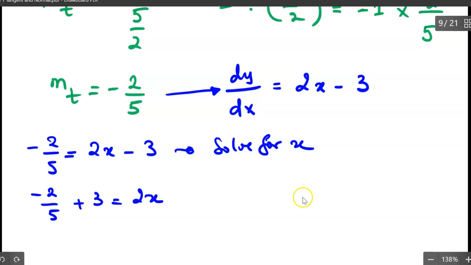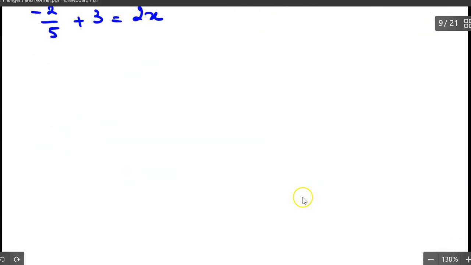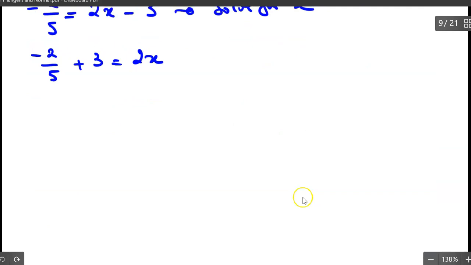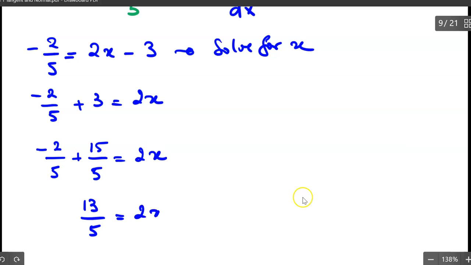So here's 2x. Okay, so I should have this equal to, let me see if I have more space. Yes, I do. So this should be 15 over 5 equal to 2x. So I have positive 13 over 5 equal to 2x.